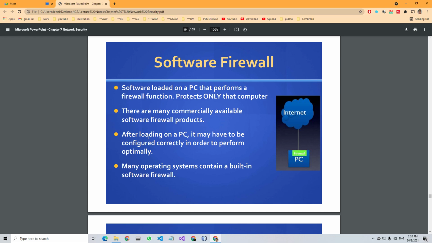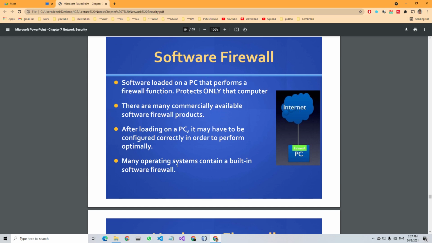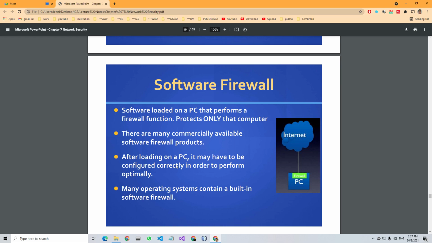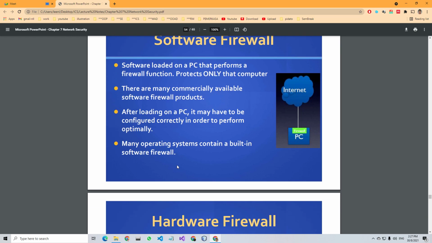A software firewall is useful if a threat does manage to affect a particular computer. It can protect other computers connected to the same network. Many operating systems nowadays contain a built-in software firewall and set it on by default. So, hardware firewall.